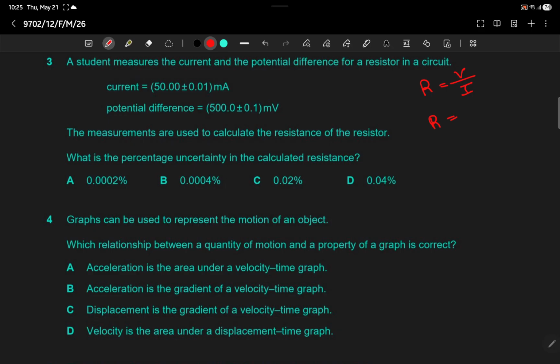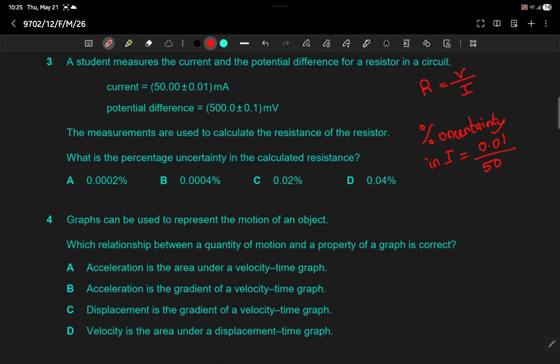So milliamps to amps. So you could just find a percentage uncertainty total. So let's just find first the uncertainty in I. Right. So 0.001 by total.